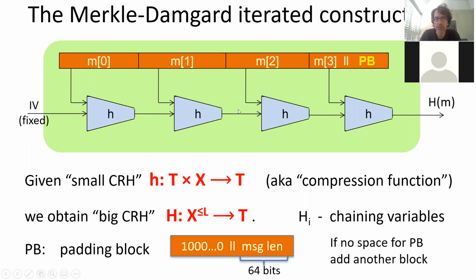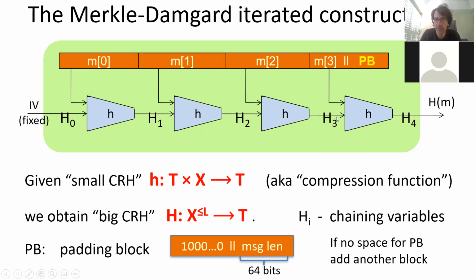Let's denote these wires H_i. So how do you initialize this? There is some fixed IV, and it's part of the description of the instance of Merkle-Damgård. It's the fixed block. These intermediary wire values, let's call them H0, H1, H2, etc. The final hash is the last wire value, right?